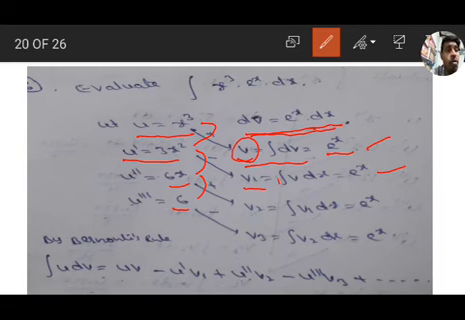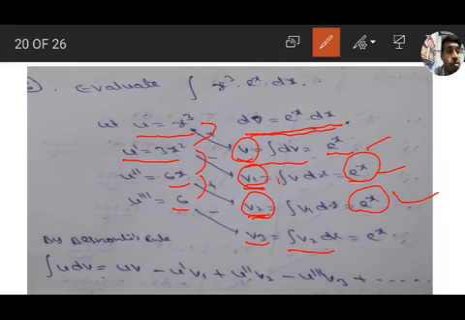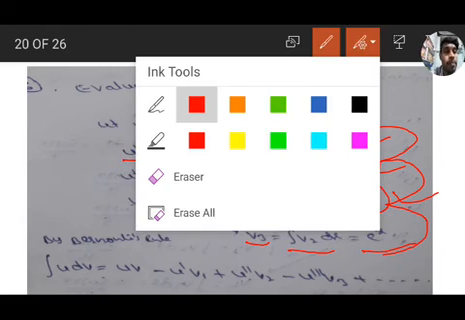Next, v2 means integration of v1 dx, which is again e to the power of x. v3 means integration of v2 dx, again e to the power of x. All the integrations are the same, e to the power of x only.